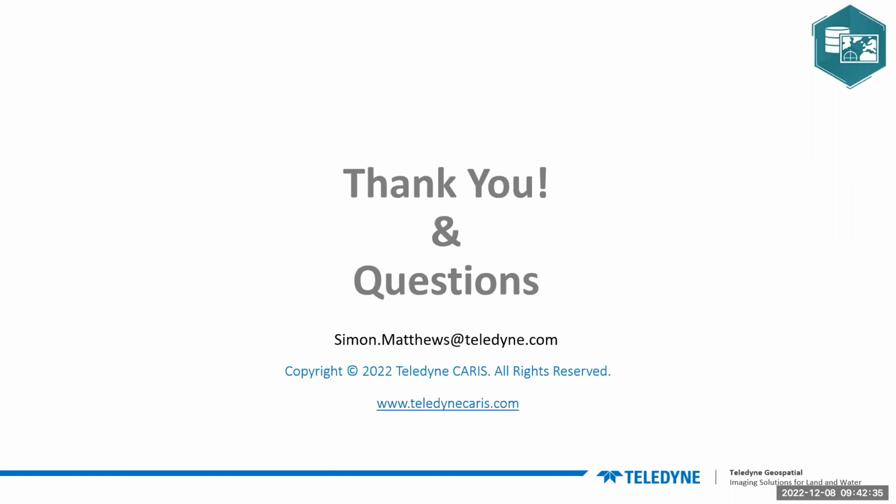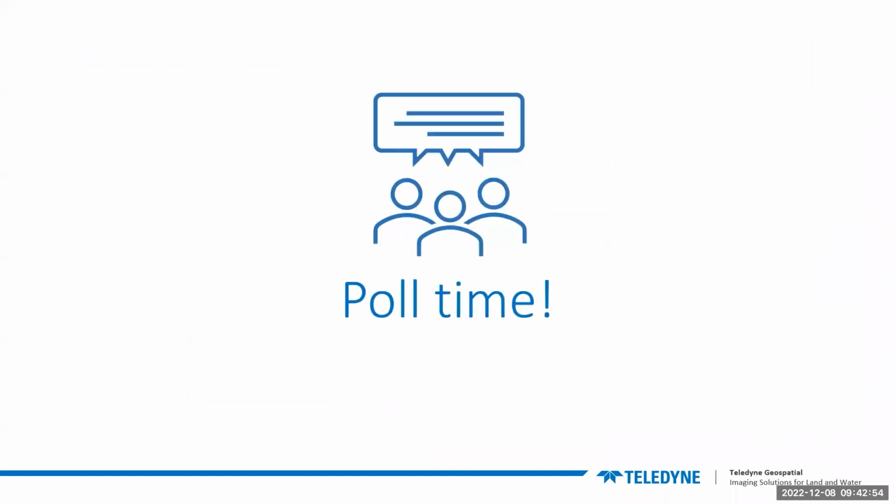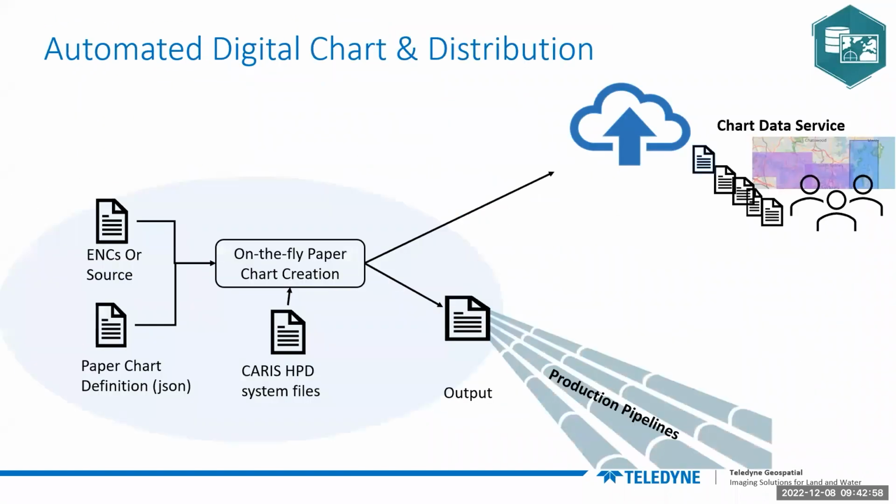So can paper chart automation be an export format using ENCs? Dion, yeah, that was talking directly to that automated digital chart routine that I spoke about at the beginning. So if I scoot back to the start.